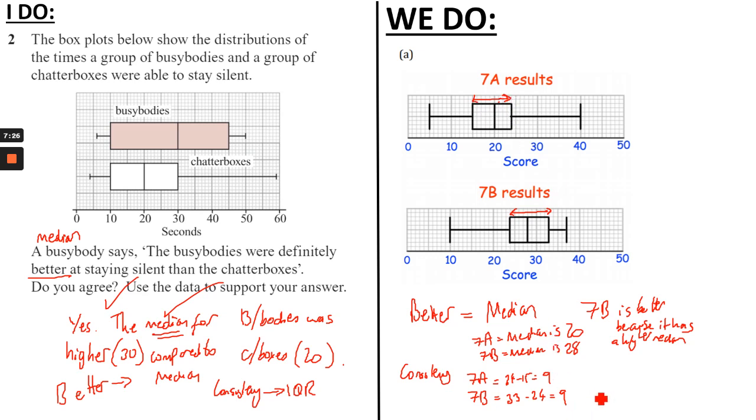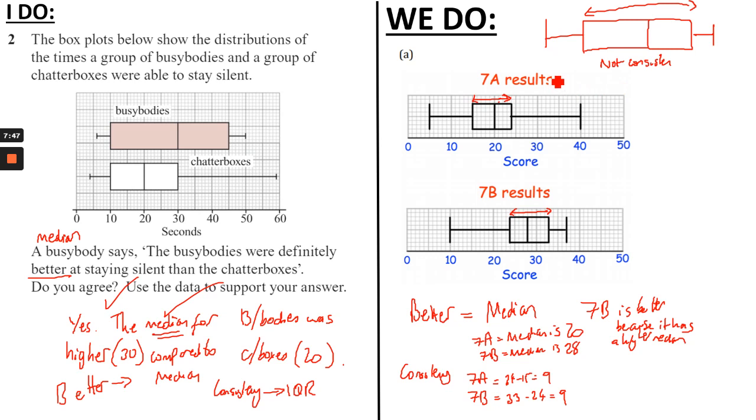Now, importantly, and it's not the best example as you can appreciate, if the interquartile range is big, that means it's not consistent, because people have got a massive range of marks.